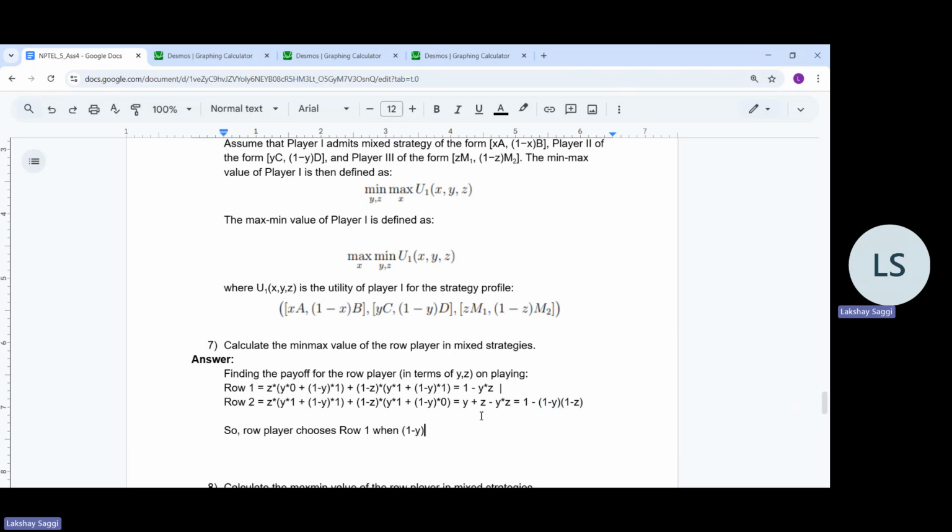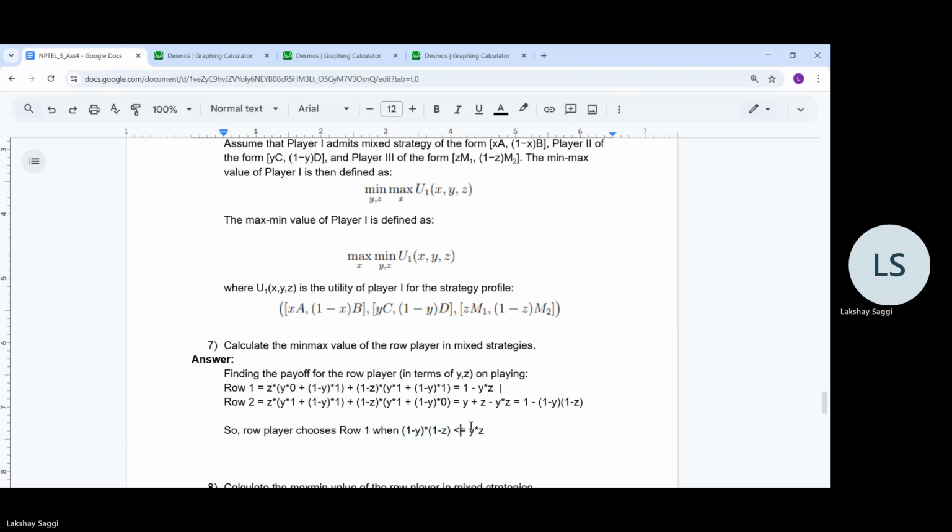I'm skipping a few steps because we are running out of time. So 1 minus y times 1 minus z is less than or equal to yz. So the row player chooses row one when this kind of a thing happens.